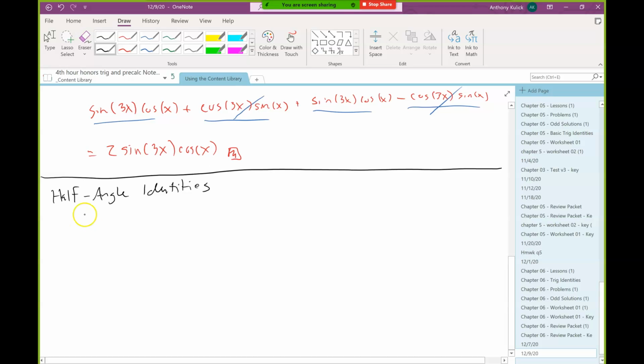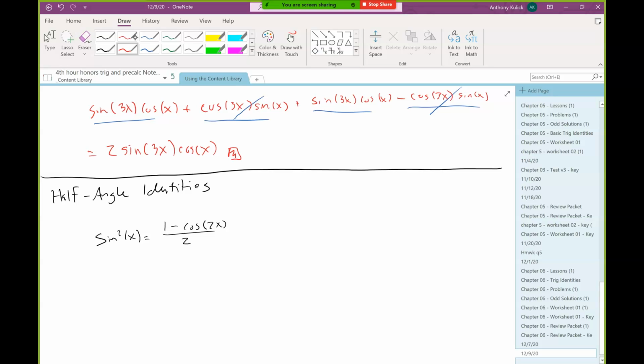So let's do a quick little derivation for one of them. The rest of them proceed similarly. So I'm going to start with the power reducing identity. That's kind of where we start in deriving one of these things.